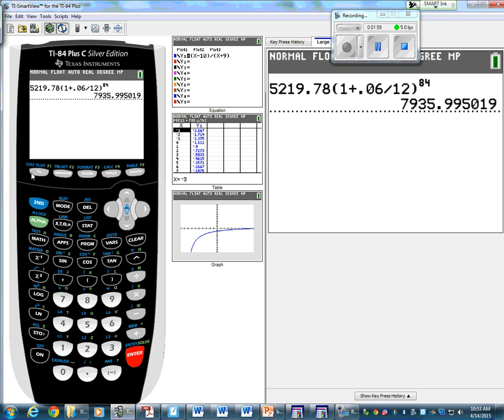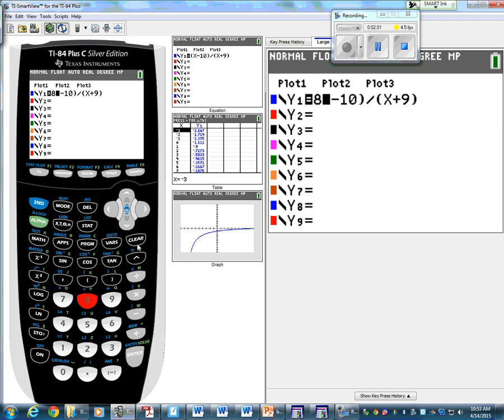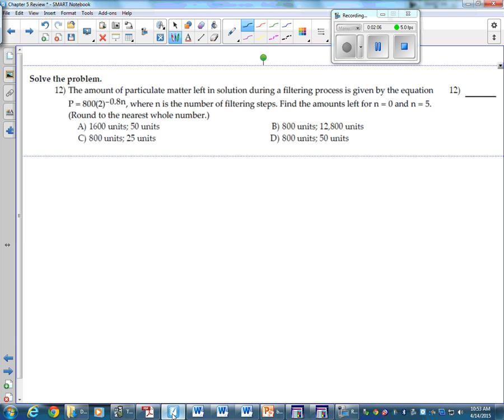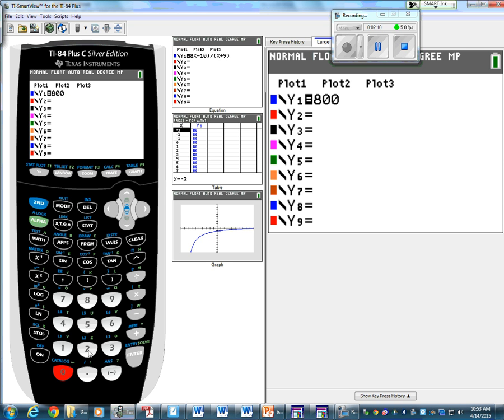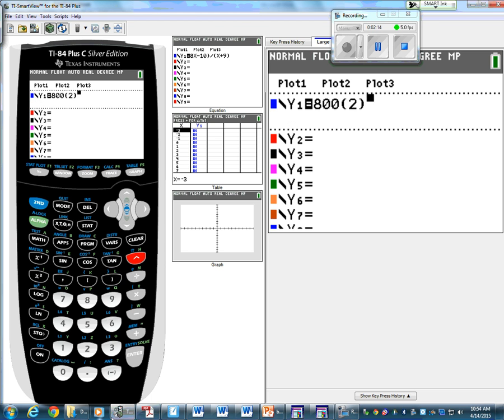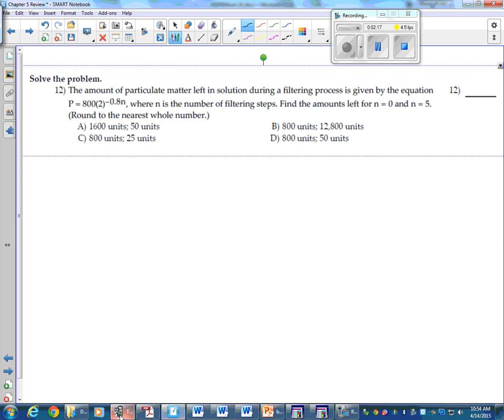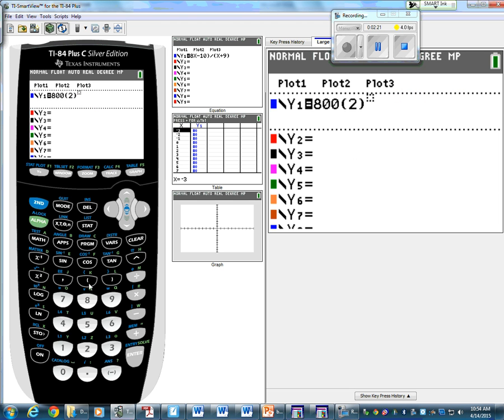So in my y equals, I'm going to have 800 times 2 to the, and up here in the exponent, it's negative 0.8n. I'm going to put parentheses around it just to make sure, negative 0.8x. And they want me to check that for 0 and for 5. So I'm going to go to the table.